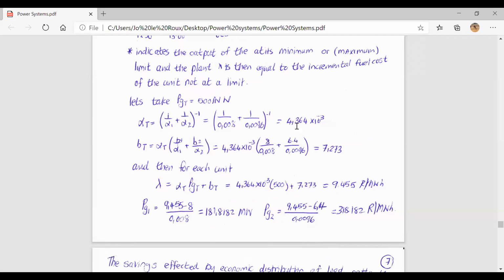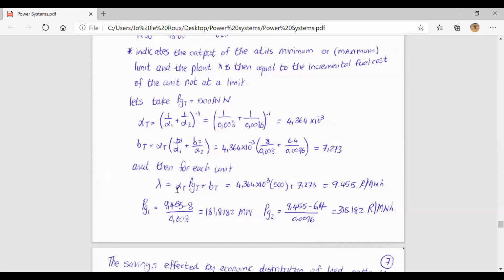Get the inverse of that, and that gives you 4.364 times 10 to the minus 3. And beta total is alpha total times B1 over alpha 1 plus B2 over alpha 2. So that's 4.364 times 8 divided by 0.008 plus 6.4 divided by 0.0096, which gives us 727.3.